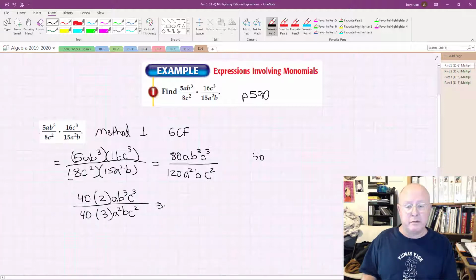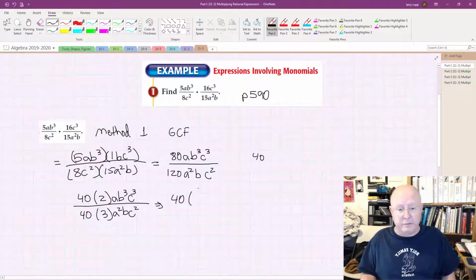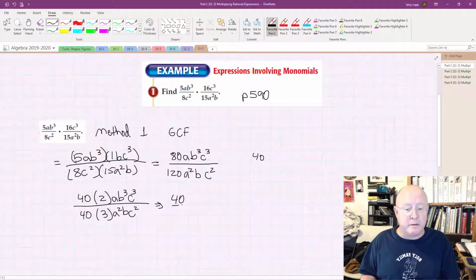Now, we're going to leave this as it is. Well, wait, we're not going to do that yet. What we're going to do now is look at the top and the bottom, look at the a's and the b's and the c's and find out what's common. For a, we have an a on top and an a squared on the bottom.